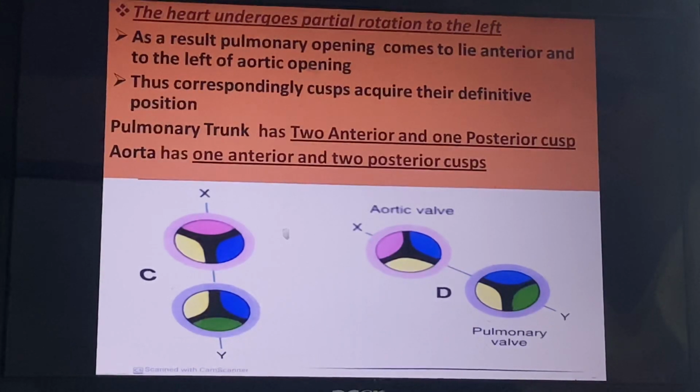Now the pulmonary trunk has 2 anterior and 1 posterior cusp. With the rotation, initially there was a single cusp anteriorly and 2 posteriorly, but once the rotation happens, the 2 cusps come anteriorly and 1 posteriorly. The opposite is seen in the aortic valve: the aorta has 1 anterior and 2 posterior cusps.